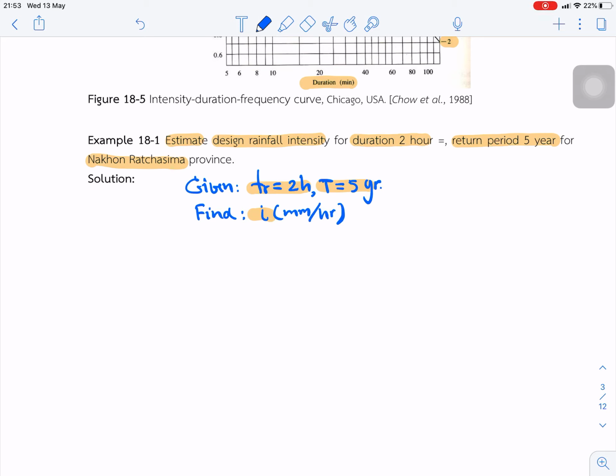In this case, I is equal to 40 millimeters per hour, but the total depth of rainfall is I times TR, so it's 40 times 2 hours. The depth of rainfall is 80 millimeters. Okay.